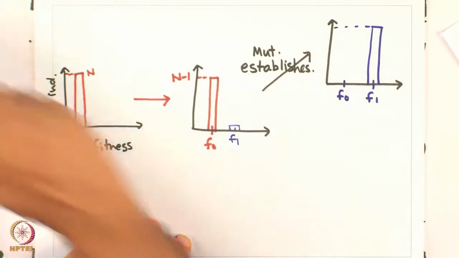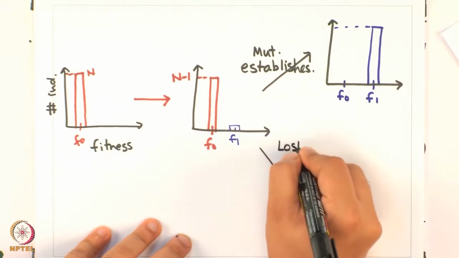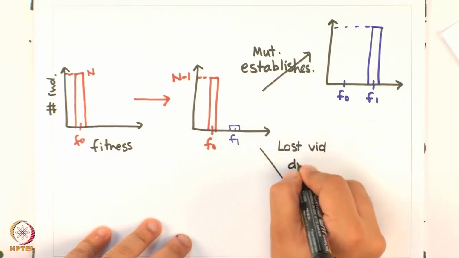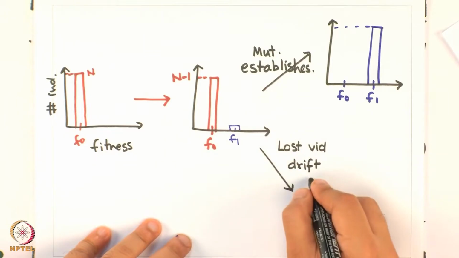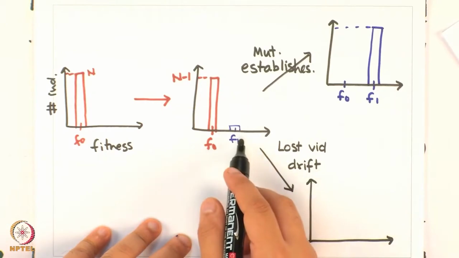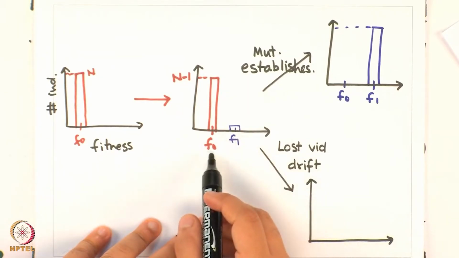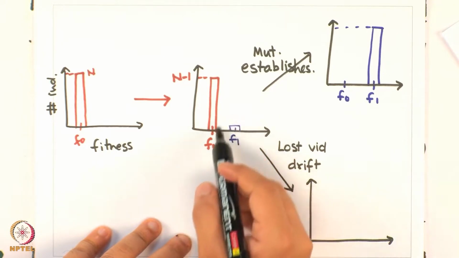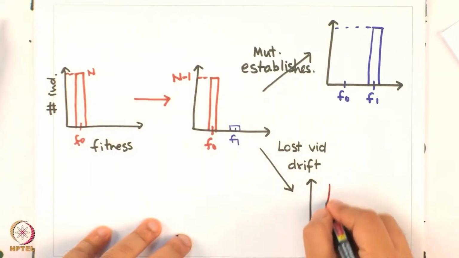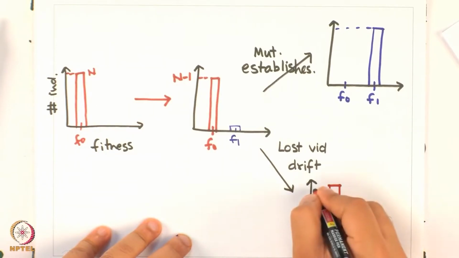On the other hand, if this mutation is lost via drift, then because this mutation is lost, all individuals are going to belong to this particular genotype, because all individuals which were carrying this beneficial mutation have been lost from the population, which means that all individuals are going to belong to fitness F0.